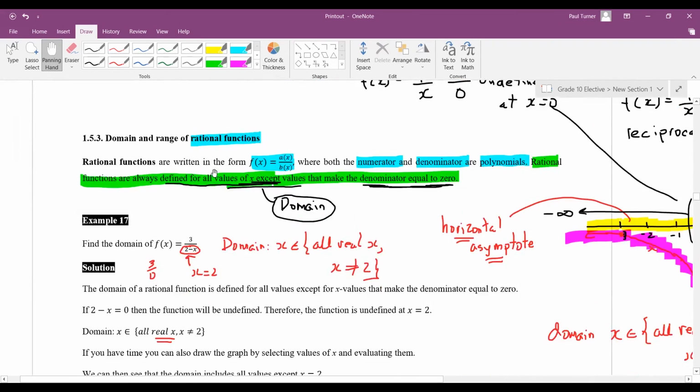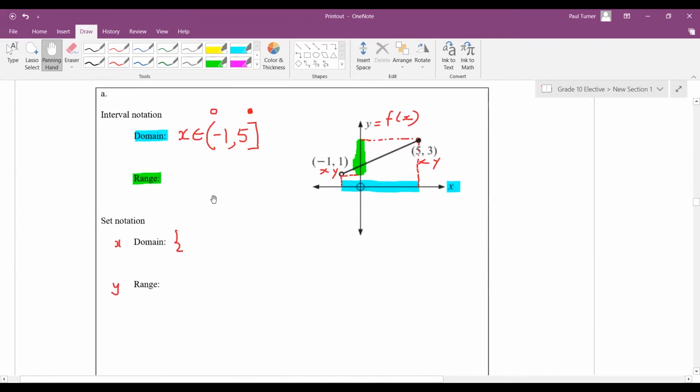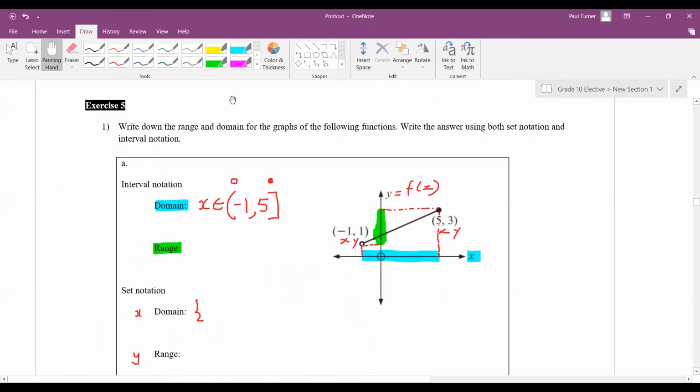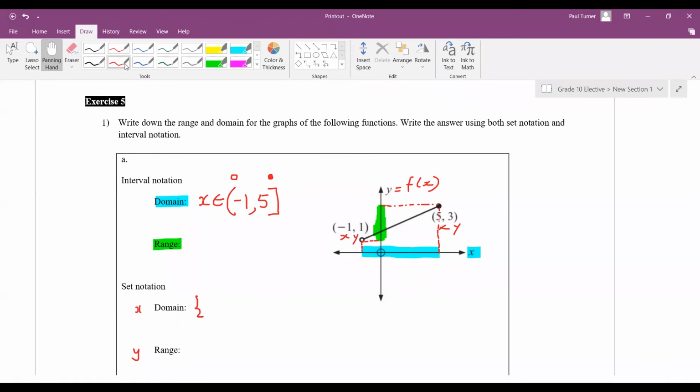So x such that x is between -1 and 5, and we include the 5, so we have an equal sign there. All right, can you do y for me?